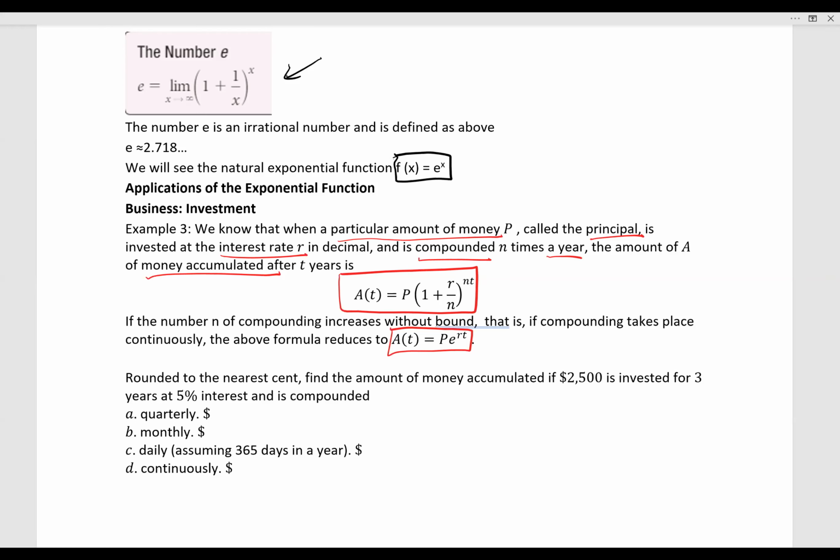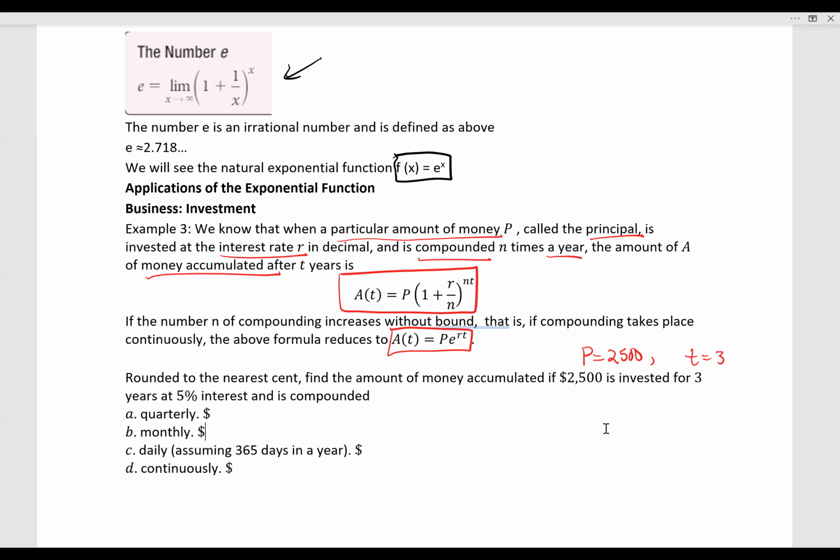They want you to round to the nearest cent and find the amount of money accumulated. 2,500 is invested. So this is the initial investment, right? It is P, for 3 years. So T equals 3, right?